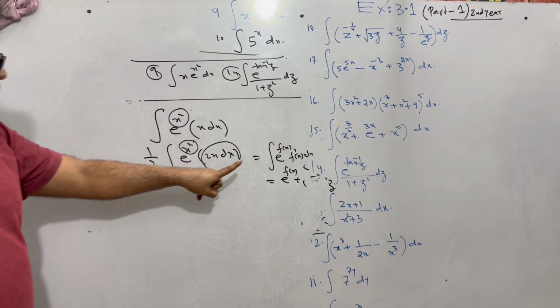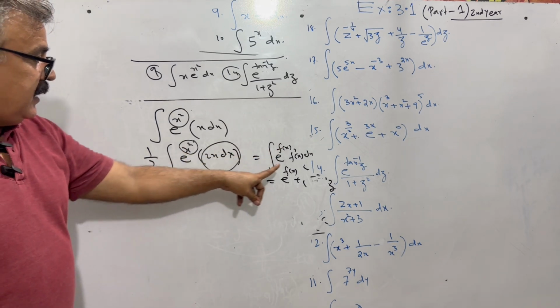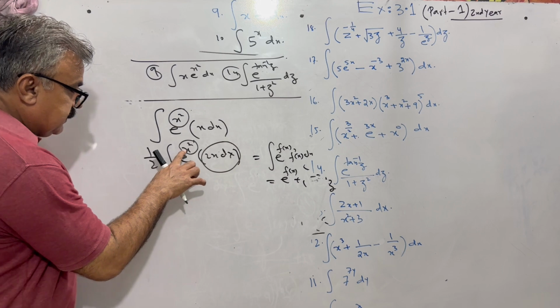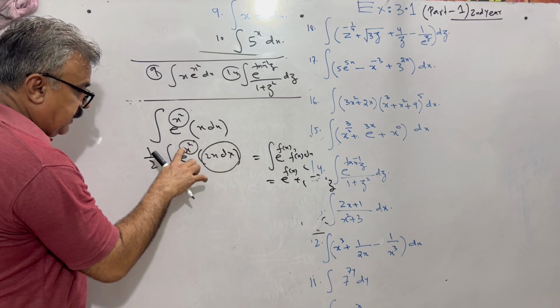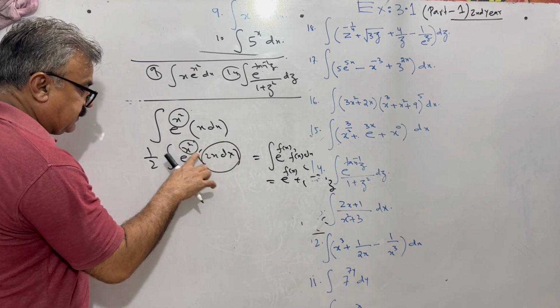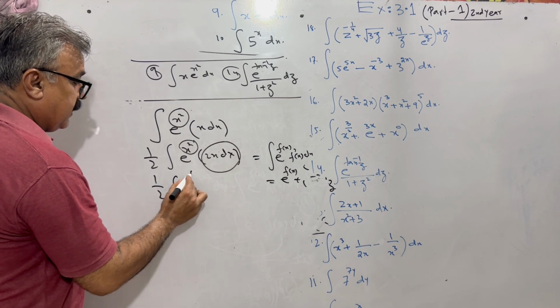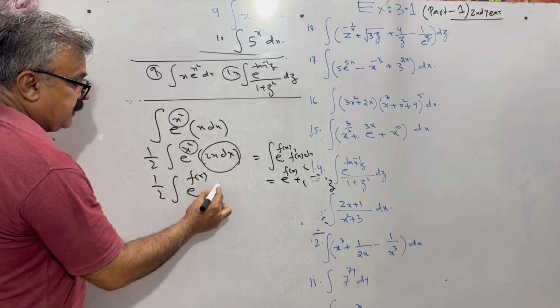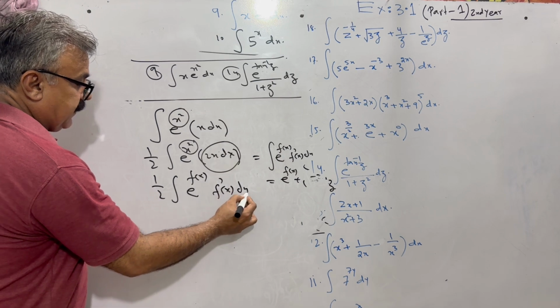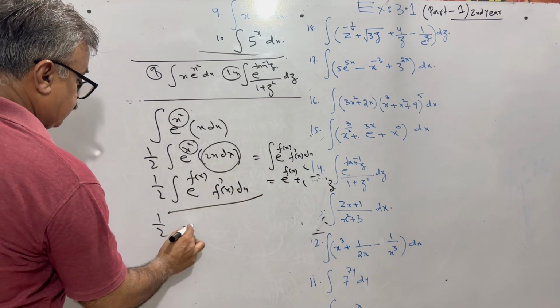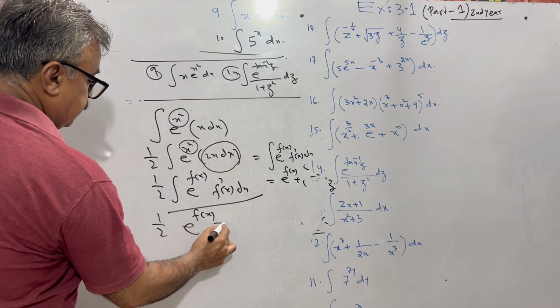We have the same situation: f of x is x square, f dash x is 2x. This is e raised f of x times f dash x, with 1 over 2. Its integration is simple: 1 over 2 stays the same, e raised f of x plus c.